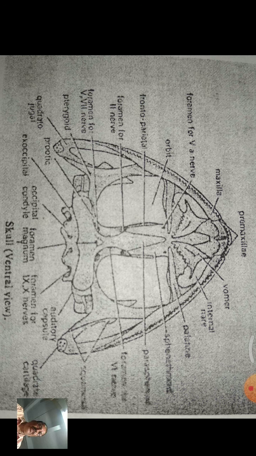These are the few parts in the ventral view. Basically, they are triangular in shape and dicondylic in nature.